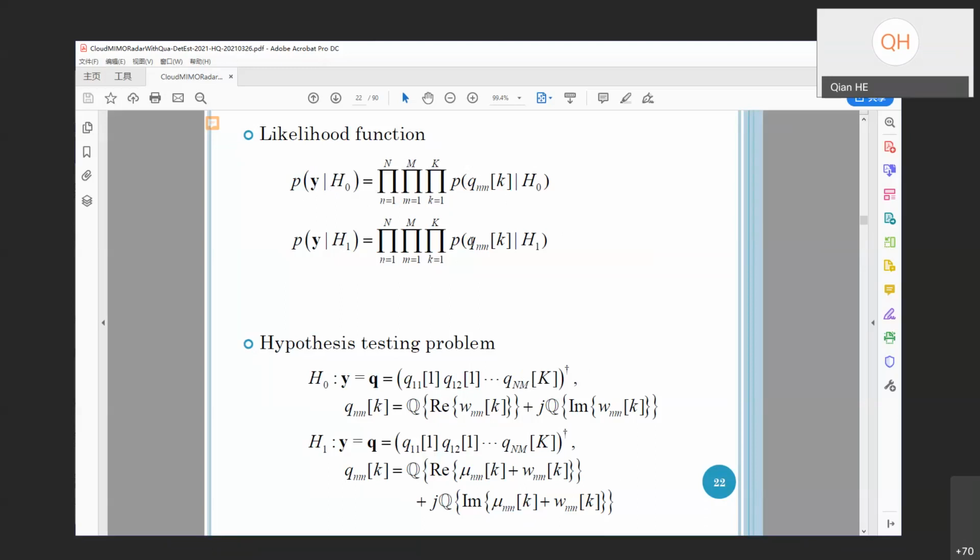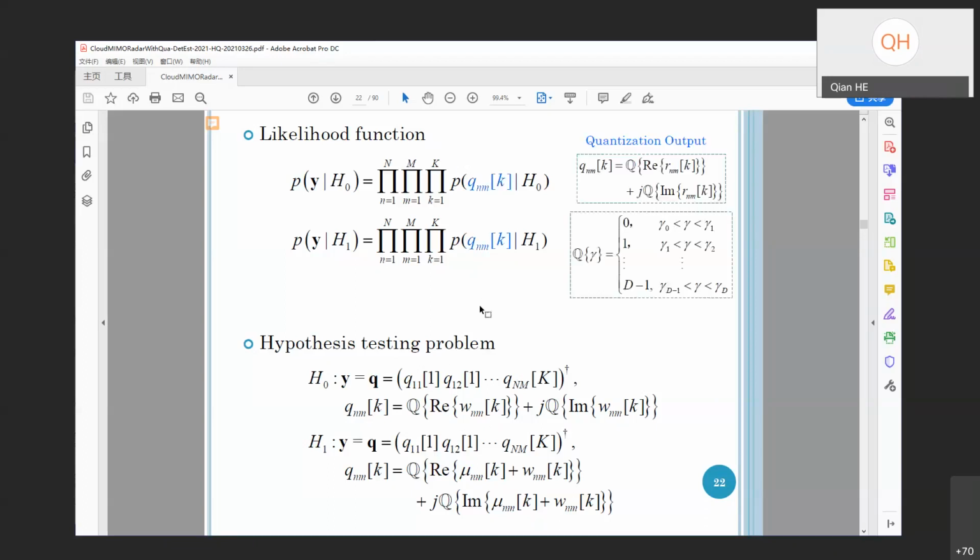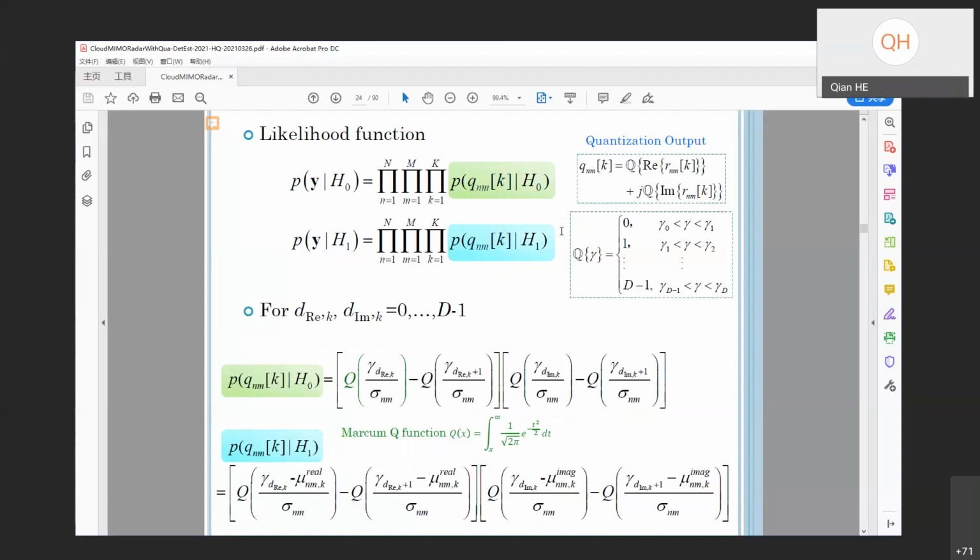We're not going into million details, but just think about you have to treat all this stuff. This is the output of the quantizer, and it is a random variable, a discrete random variable. So in order to compute its PDF, it's a little bit complicated. You have to think about what the distribution of it is, and think about the Q function because it's supposed to be Gaussian and things like that.